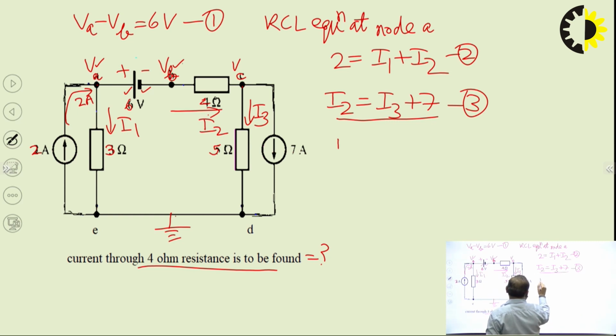So I1 current is passing through the 3 ohm branch that we have assumed from terminal A to E. So I1 current will be given by voltage upon resistance.